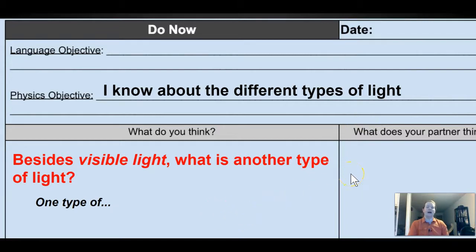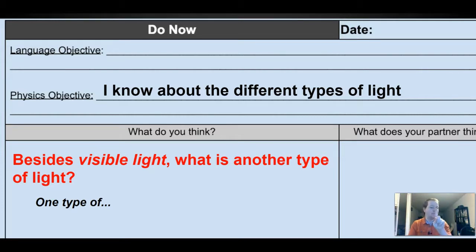Okay. Now, last video, we learned that there are different types of light, or different types of electromagnetic radiation or electromagnetic waves. Remember that word? We know of visible light.